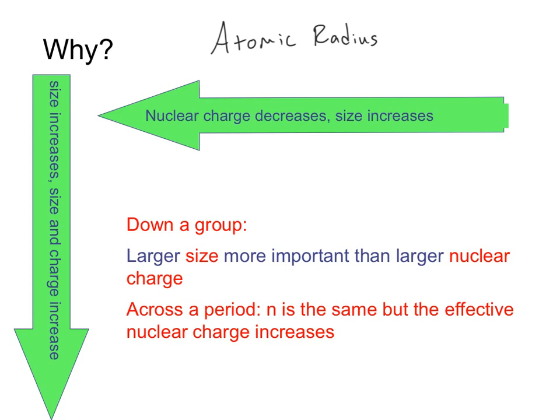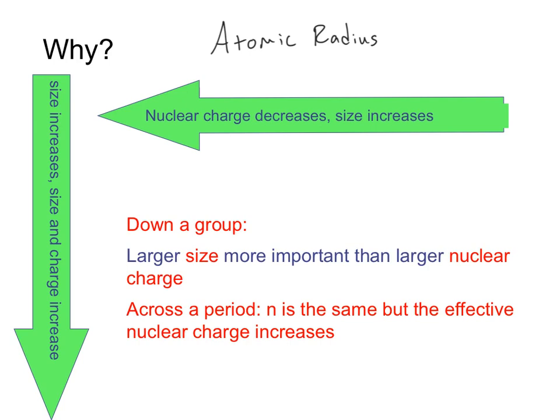Again, because of a larger effective nuclear charge. The outer electrons literally feel more pull as we move left to right, and so they will be pulled closer to the nucleus. And so our size increases as we move from right to left in a given period.